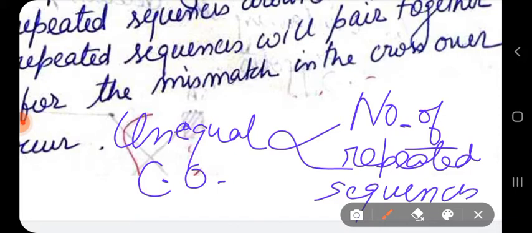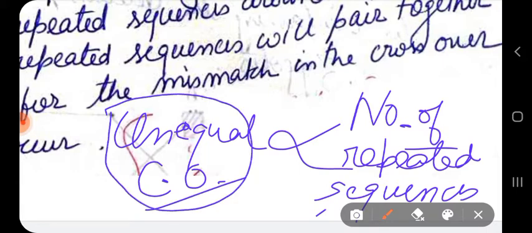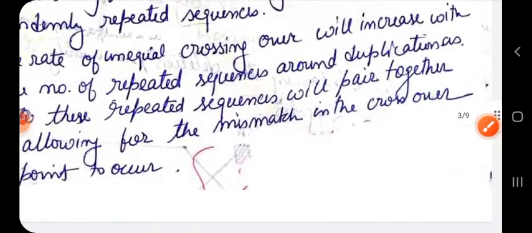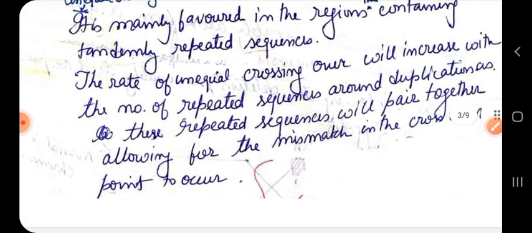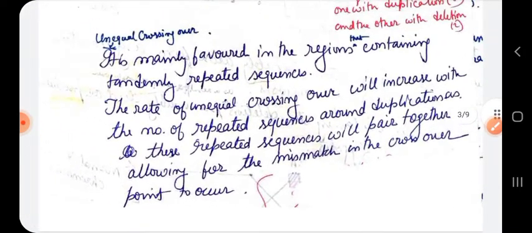So it simply means if there is a greater number of repeated sequences, the rate of unequal crossing over will be increased. That leads to more deletions and duplications within the homologous pair of chromosomes. I think you have understood this point that I want to say. Okay, coming to the next page now.